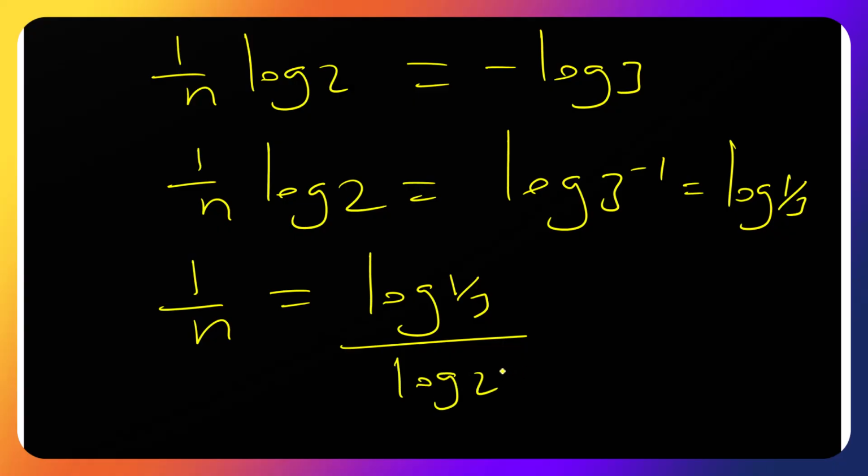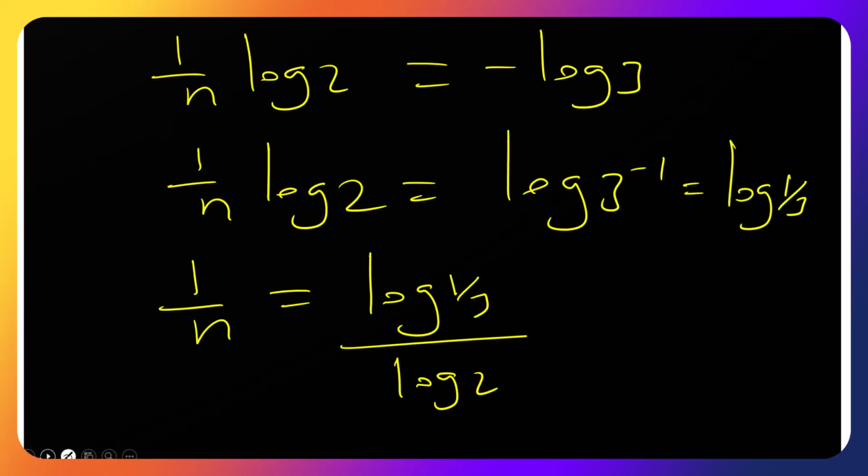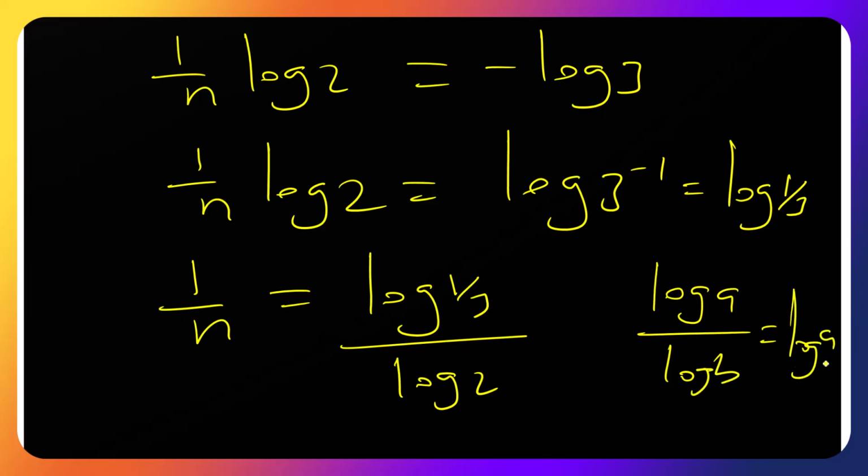Okay. So from here, we have 1 over n equals, so we can write the right hand side as a single log. Remember, log a over log b is the same as log a to base b.